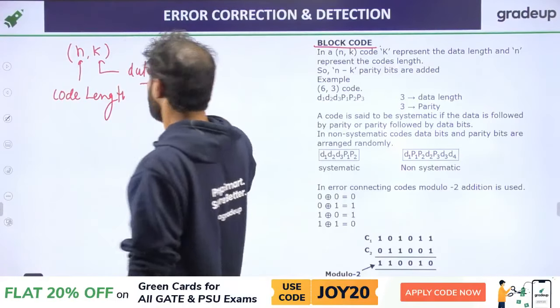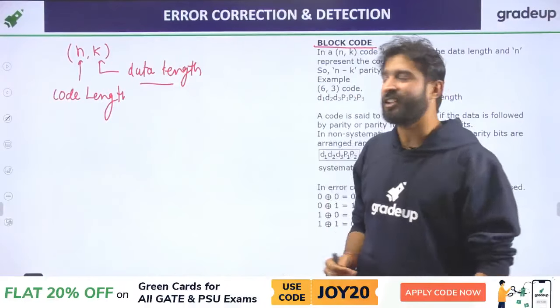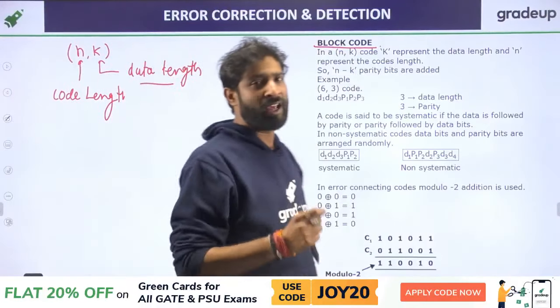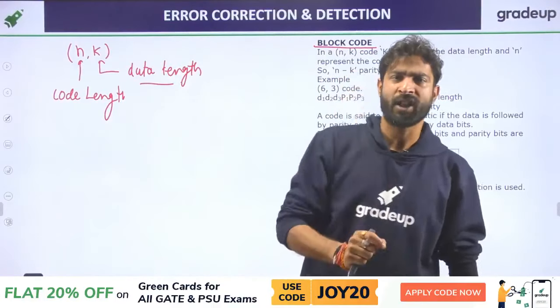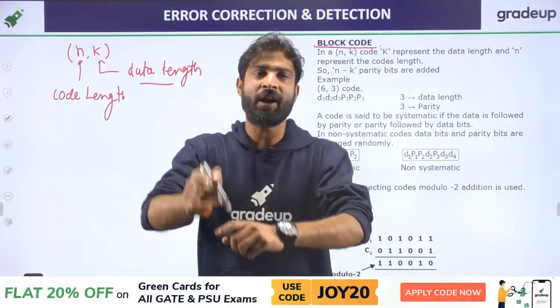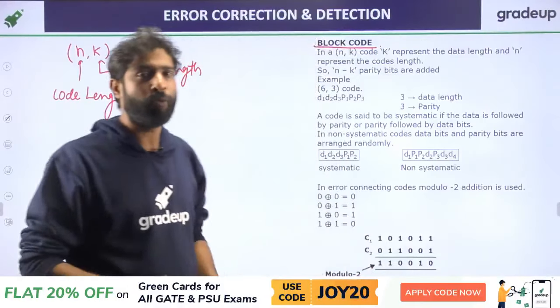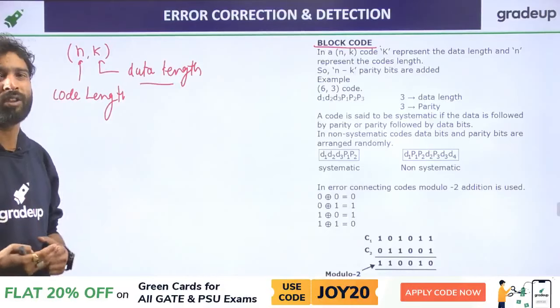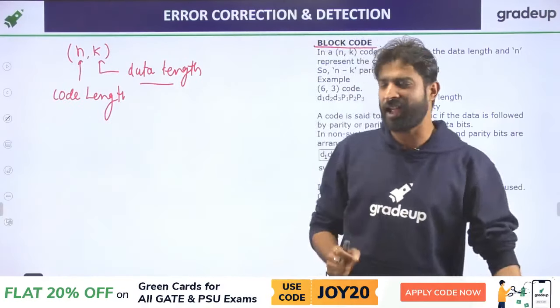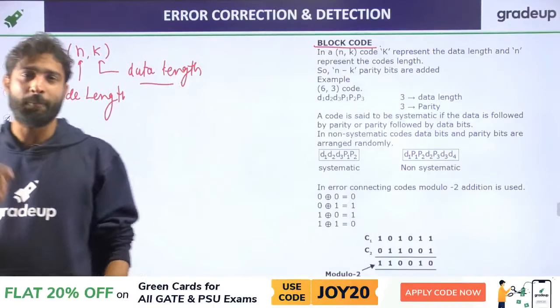So if we want to find out the error for a particular instant, then along with the data there will be one thing that is called the parity bit. Parity bit is added to find out in which position the error has taken place. To find out that, we have to add some parity bits.